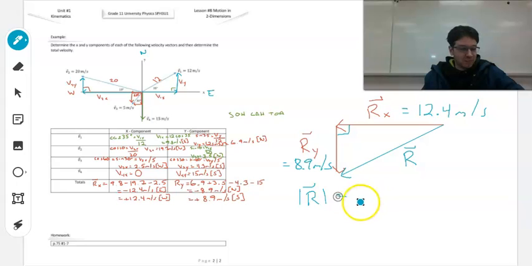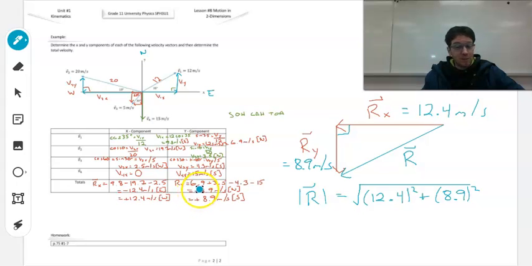So a squared plus b squared equals c squared, which gives us the square root of 12.4 squared plus 8.9 squared. Notice that I don't have negatives here anymore. The negative really showed me the direction. The magnitude can't be negative because that doesn't make sense.